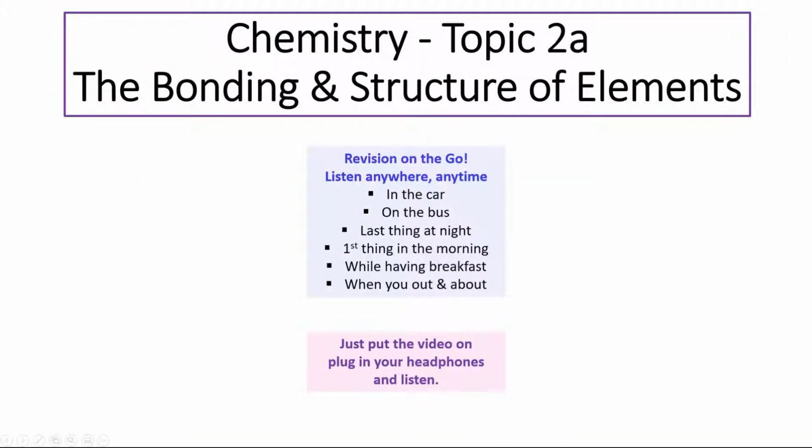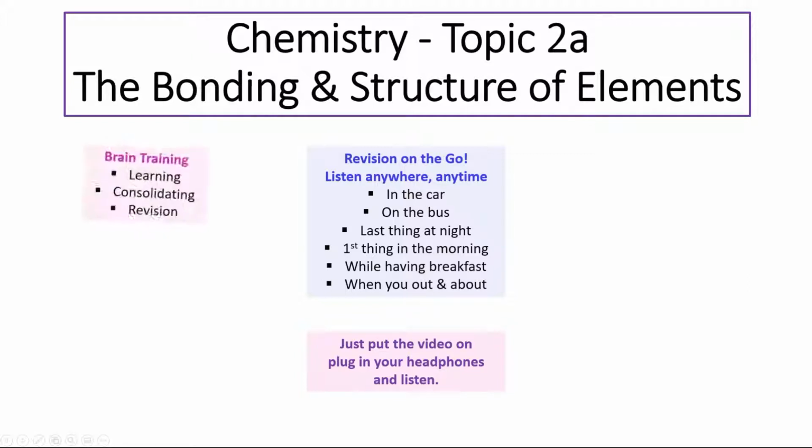In this video, you've learnt about the bonding and structure of elements, ionic bonding, covalent bonding, simple molecular substances, larger covalent substances, allotropes of carbon and metallic bonding. Take time to memorize all of the content on this topic and aim to answer questions faster than me, so you can nail those exam questions in the Chemistry GCSE Paper 1.